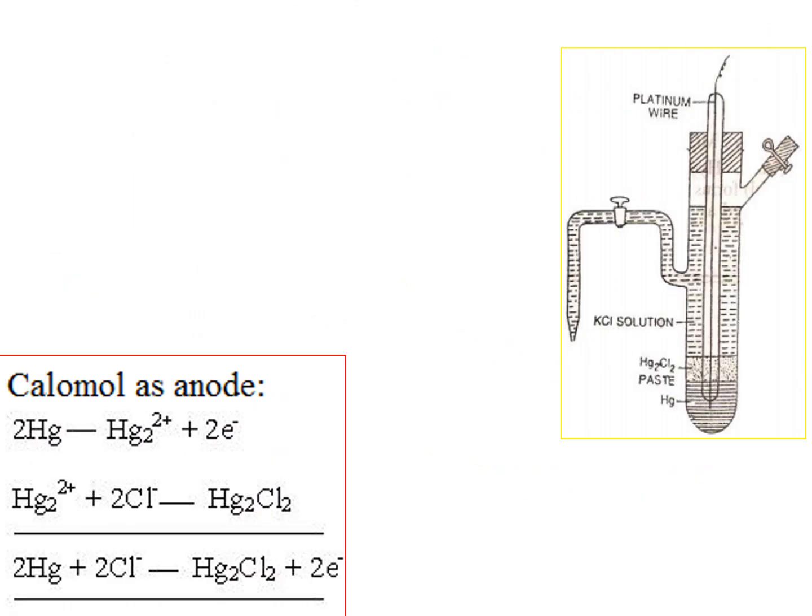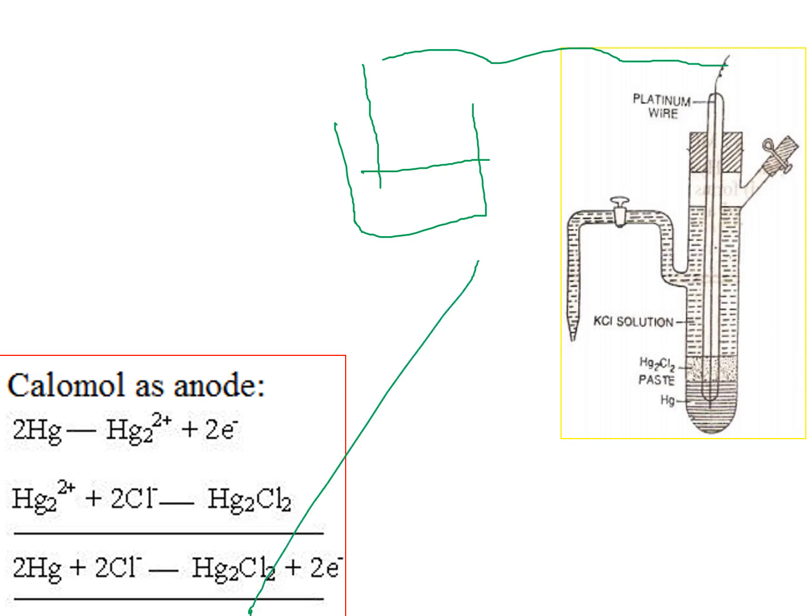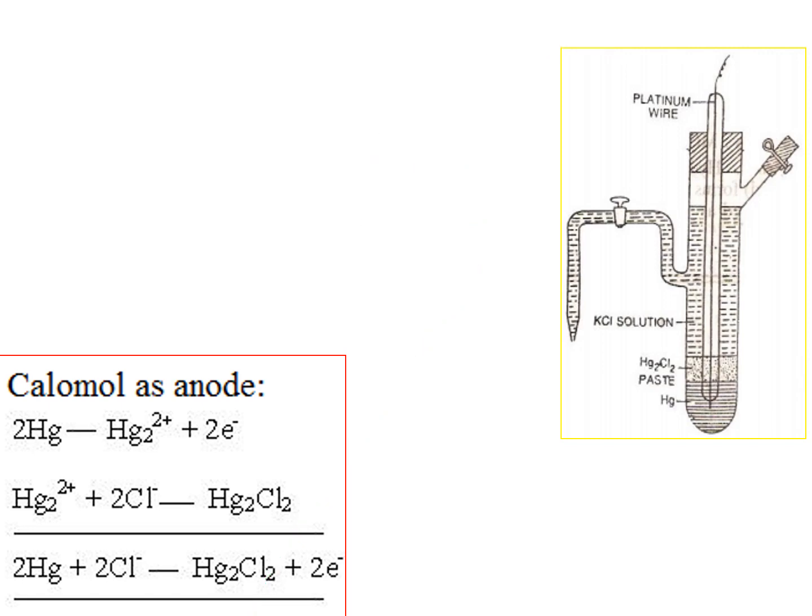So it is ready to act as anode or cathode depending on what you are connecting. For example, if you take a cathodic material, for example copper metal in copper sulfate solution, I have to draw it here. So this is a salt bridge, and this is the copper metal.